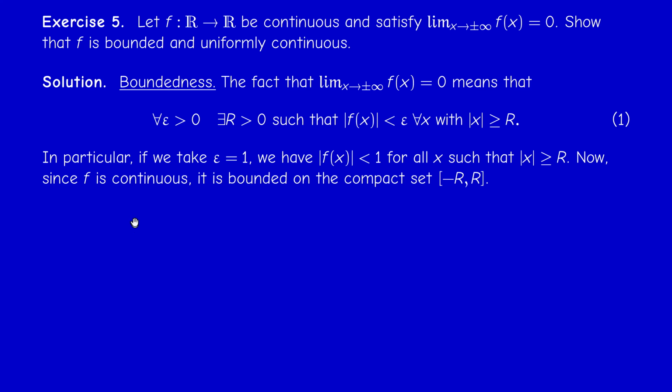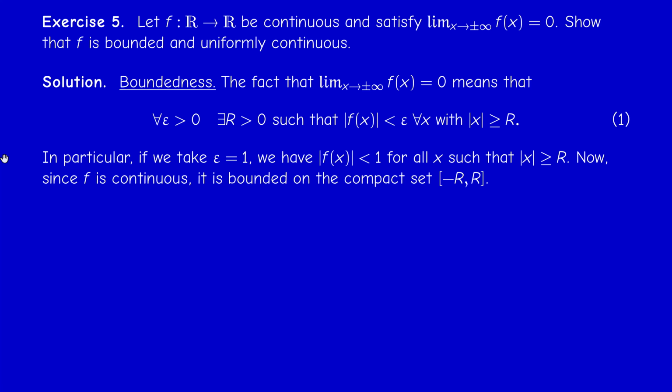Now if you consider f on the compact set minus r, r, we know that a continuous function is bounded on a compact set, right? So we have two things. We split the real line into two parts, the interval minus r, r and the outside of this interval.